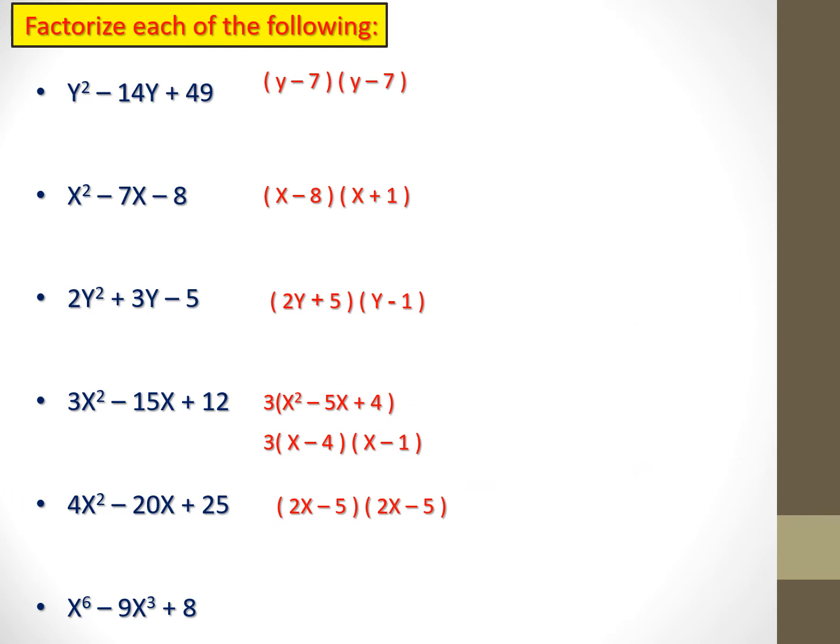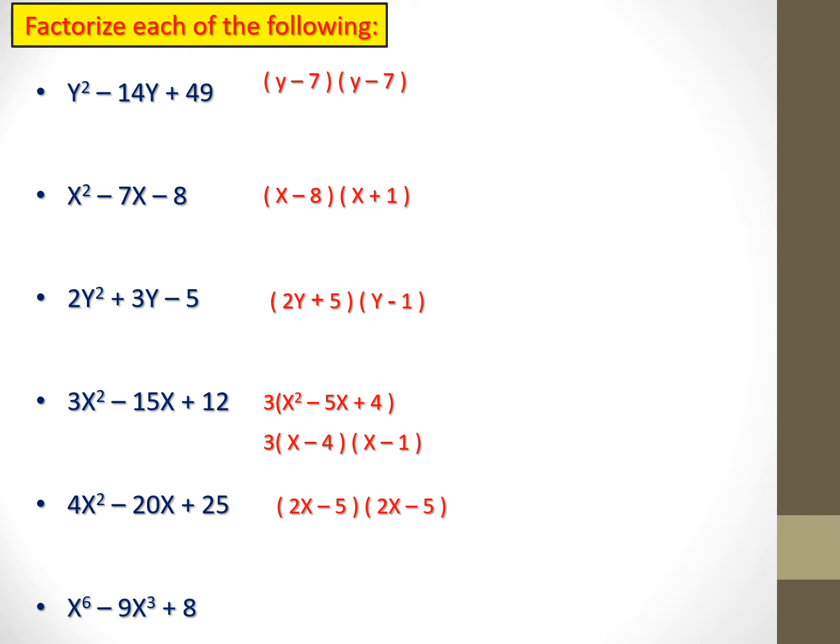The last example, x power 6 minus 9x power 3 plus 8. Now x power 6 equals x power 3 times x power 3, and 8 will be 2 times 4. But if we add 2 plus 4 equals 6, not 9.